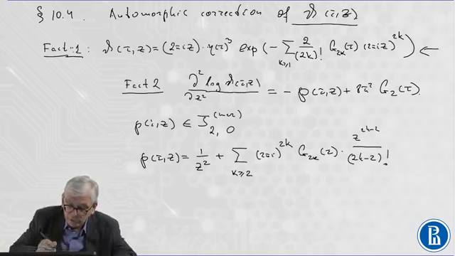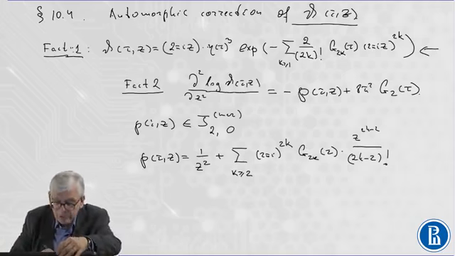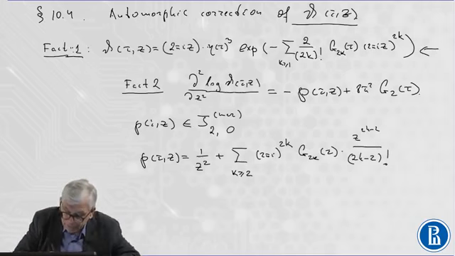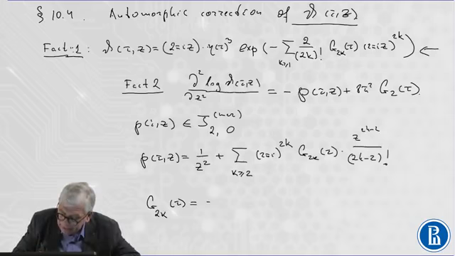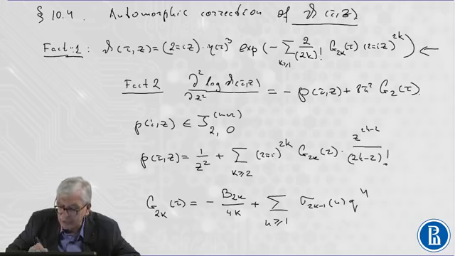And maybe to fix all formulas, I remind you of the Fourier expansion of the Eisenstein series G2k with G normalization. This is minus the Bernoulli number B2k over 4k plus the sum of sigma 2k minus 1 of n, q to the power n, for n greater or equal to 1.